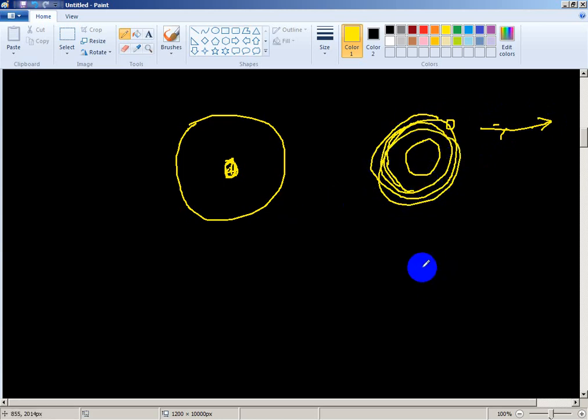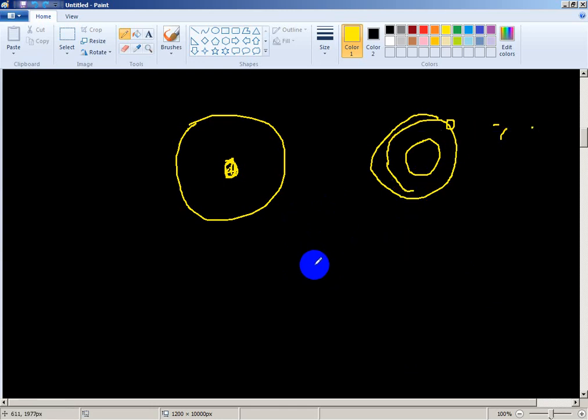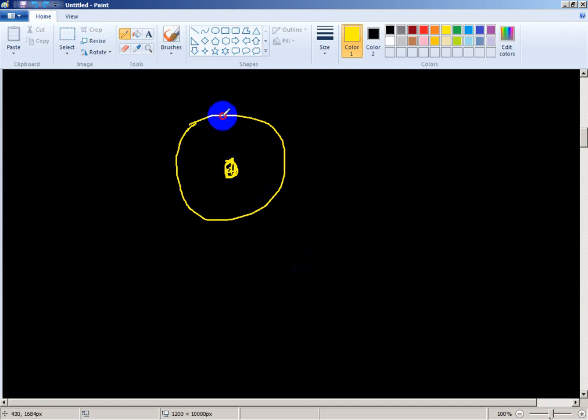Like this, also the sun. Around the sun, our planet Earth moves. There is a force, and due to a force, like here in the atom, the electron around the nucleus moves due to a force.